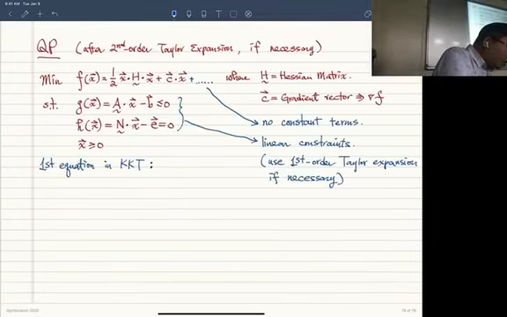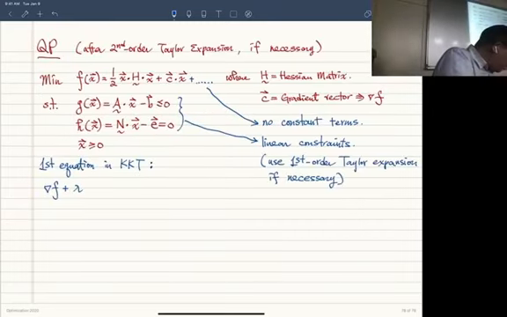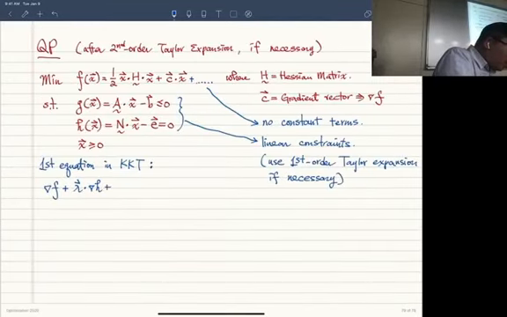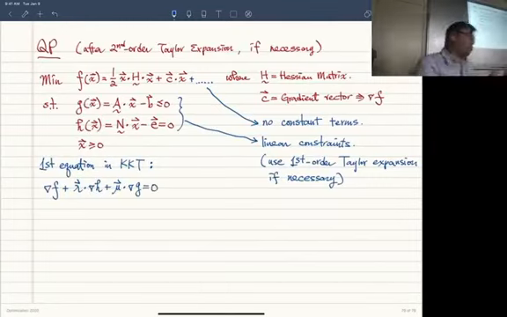So it looks like this: gradient f plus some vector lambda multiplying the gradient of h, plus mu vector multiplying the gradient of g, and this must be 0.